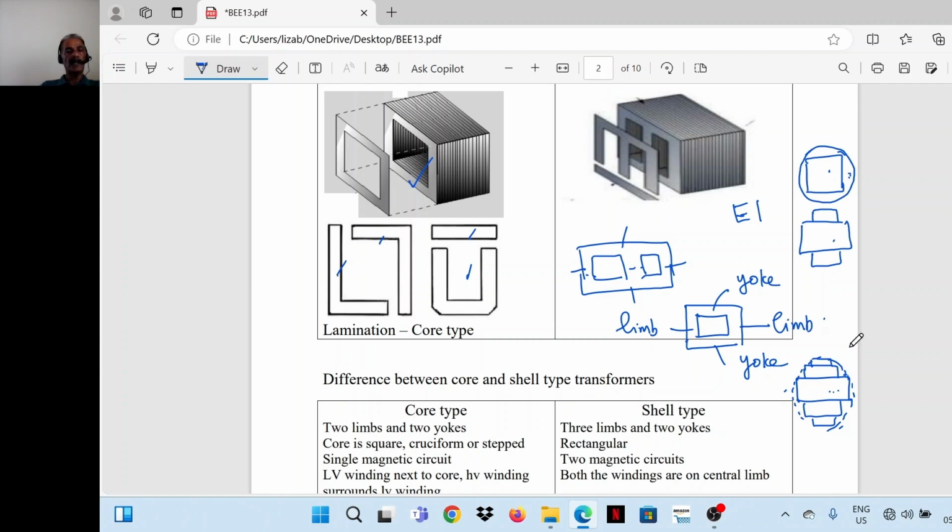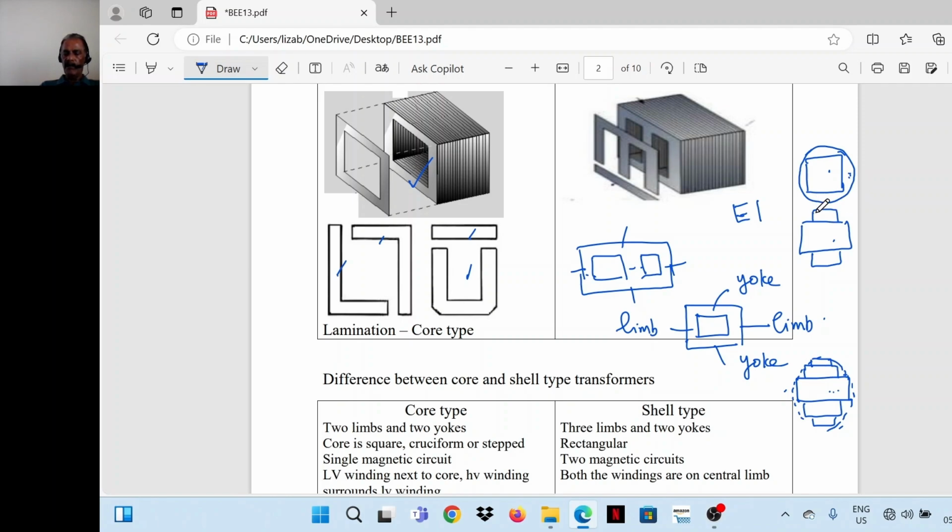I already told you the advantages of reducing leakage flux. Leakage flux is less means leakage reactance drop is less. Better voltage regulation can be obtained. That means the drop due to this reactance can be reduced. Voltage drop can be reduced by reducing leakage flux.